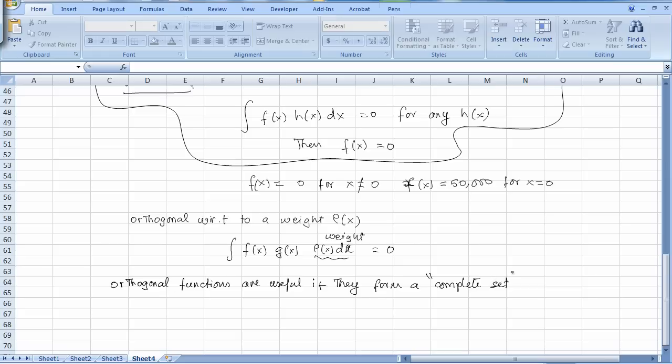What I mean by complete set is every function should be representable by them. That is, any function f of x can be written as the summation of c_i times p_i of x. And these things are called orthogonal.